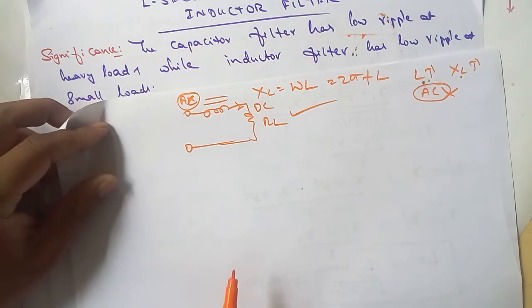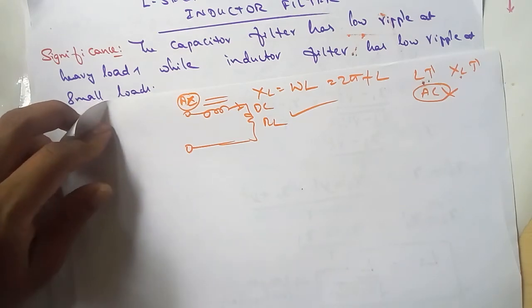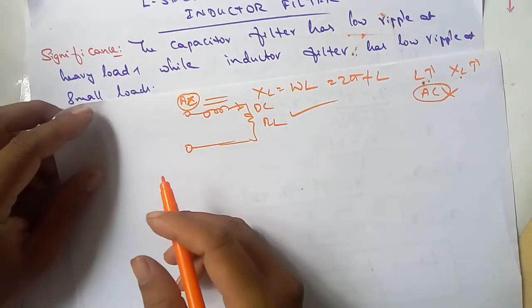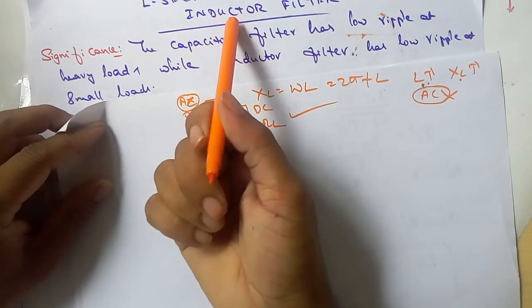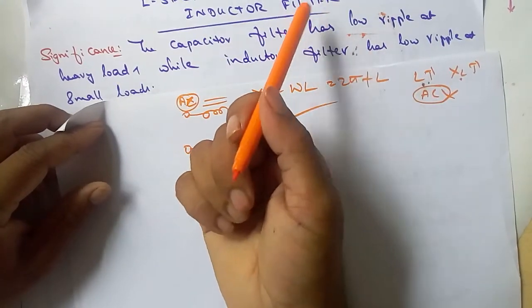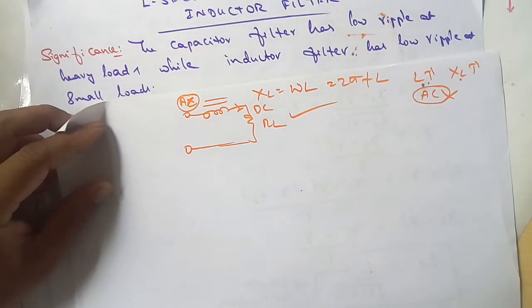Now we have to combine both the inductor filter and the capacitor filter. When you add both, it is called the L section input inductor filter. Why? Because there are some advantages and disadvantages in the capacitor filters, since the performance depends upon the load resistance.